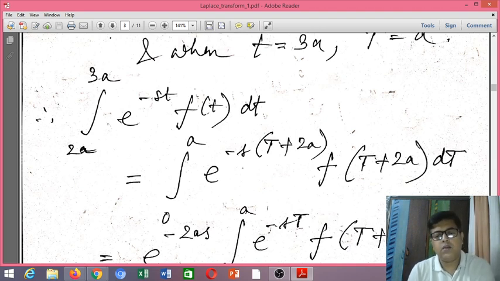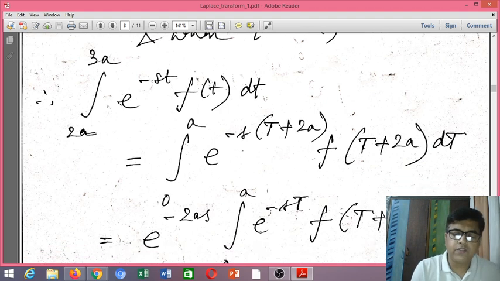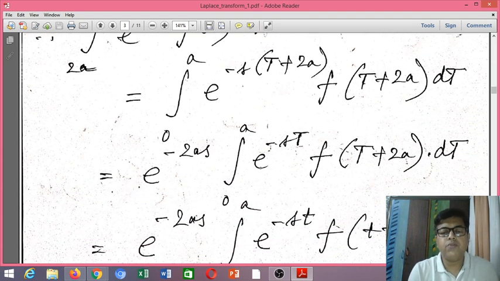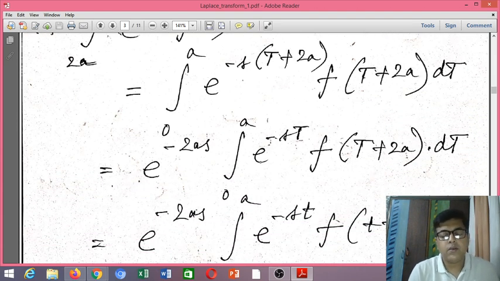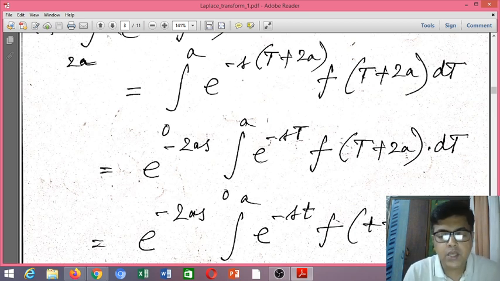Now again, s is a constant, and 2a is a constant. So e to the power minus 2as, being a constant, is taken outside the integral. You are left with integral 0 to a of e to the power minus sT into f(T plus 2a) dT.